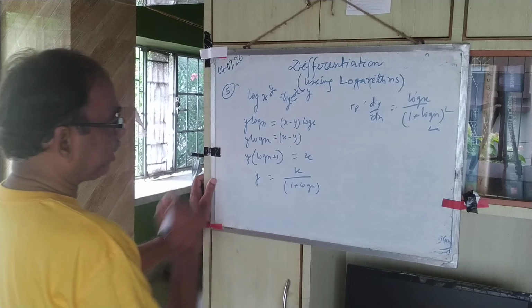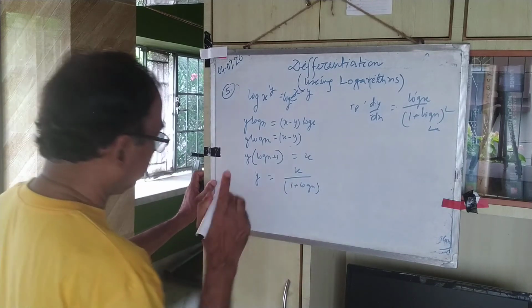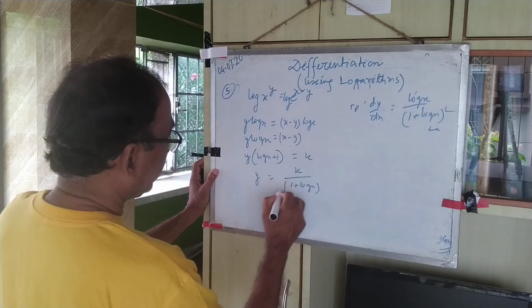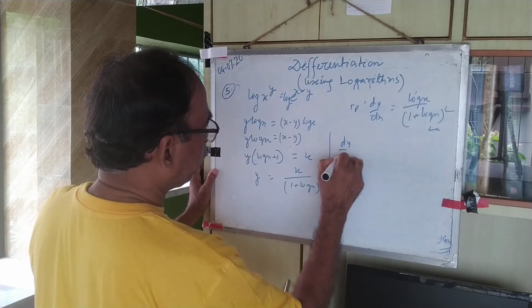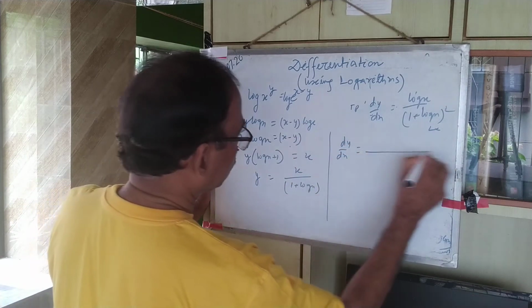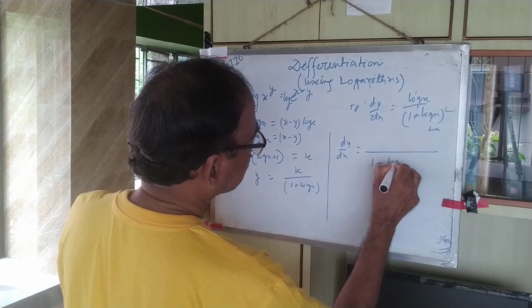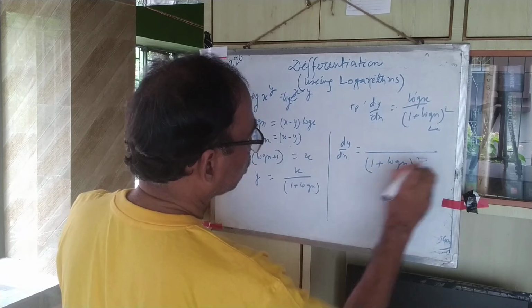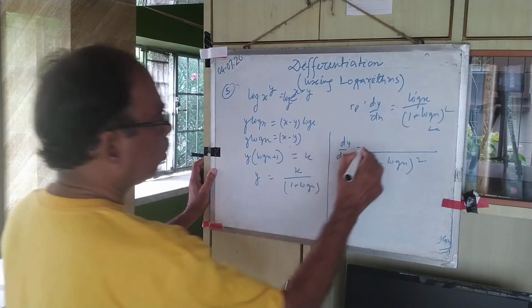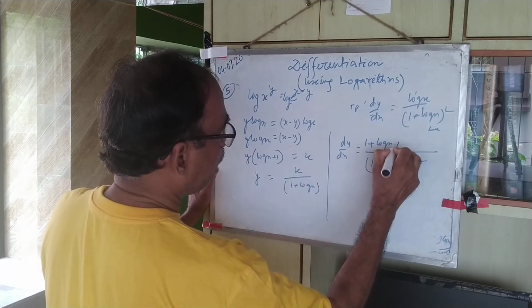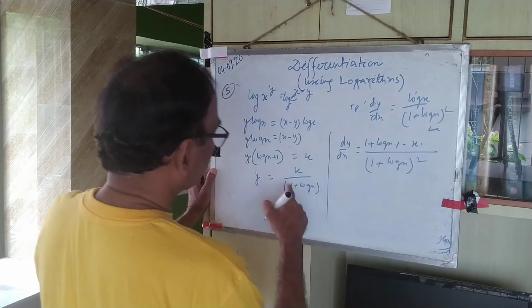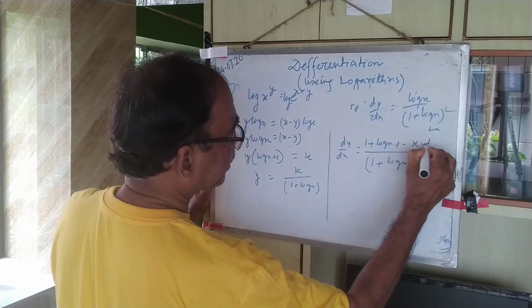You have to take fraction form. In the other way we can't be able to do it. Then differentiating both sides, dy by dx equals (1 plus log x) whole square in the denominator, u by v rule: 1 plus log x constant, x derivative 1, minus x constant, denominator derivative 1 by x.